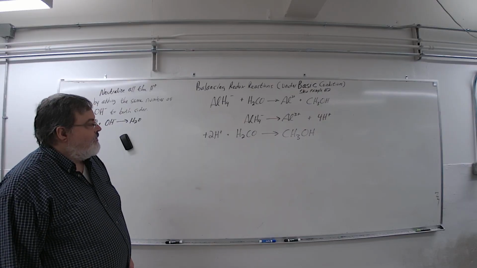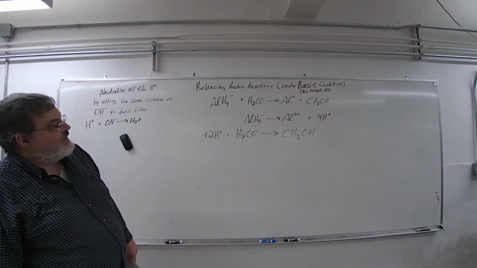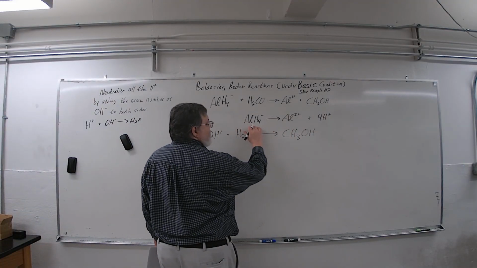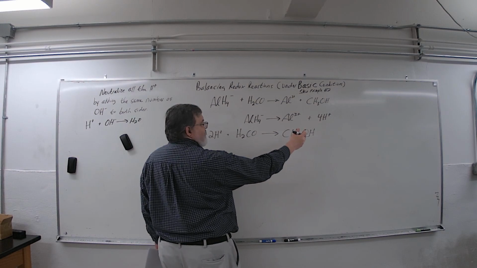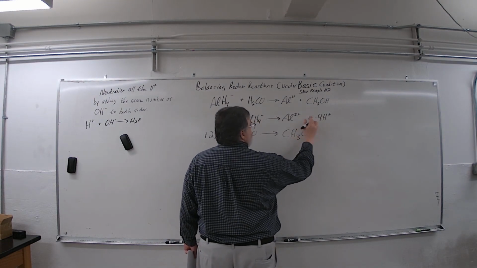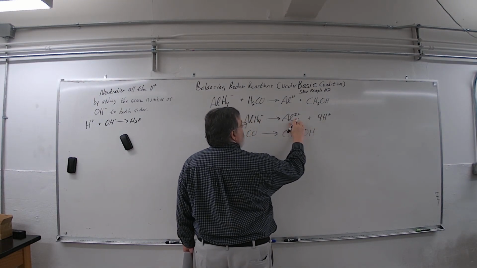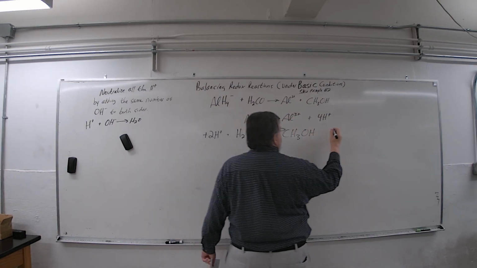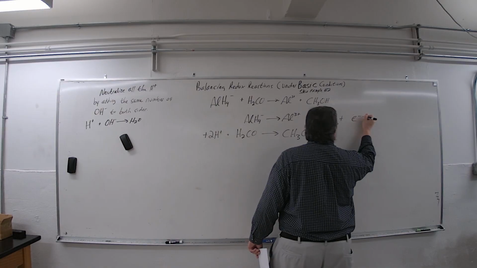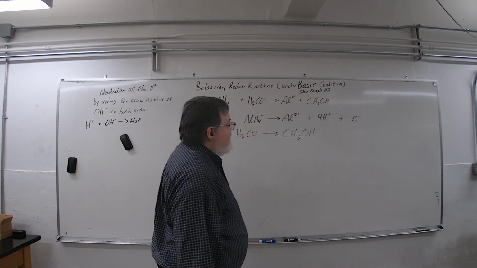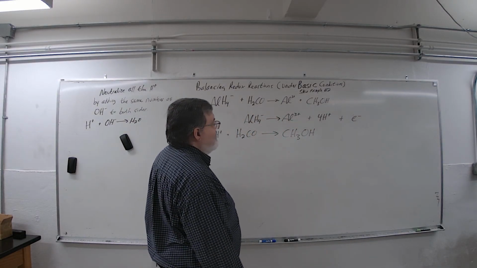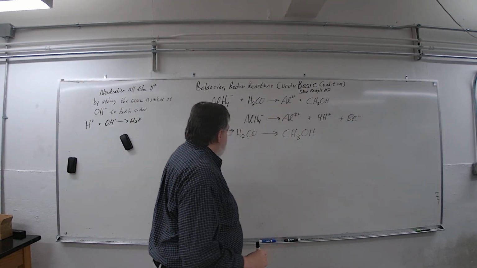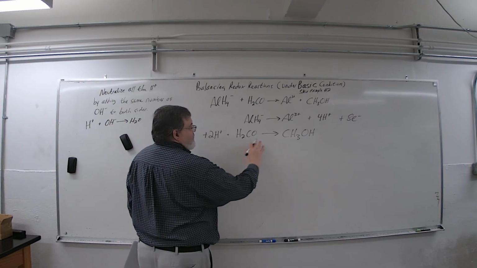Before I go on. So charge balancing, we're definitely positive over here and negative over here, so we've got to add negative charges over here. 4H plus 3 more. So we're at 7 plus, and we need to get to -1. So what is that? Positive over here, neutral over here.